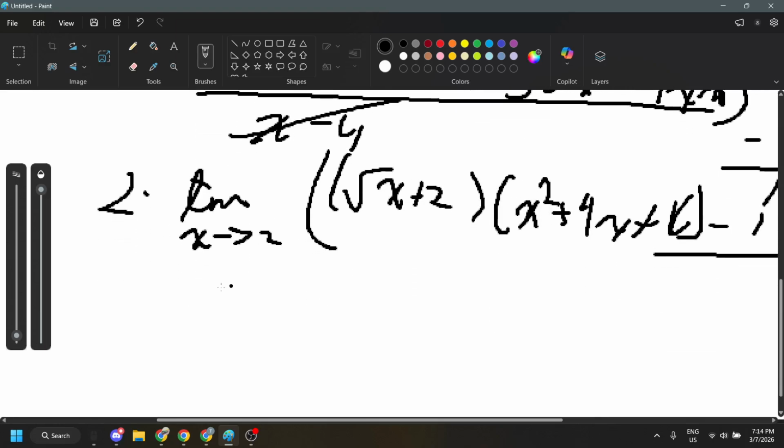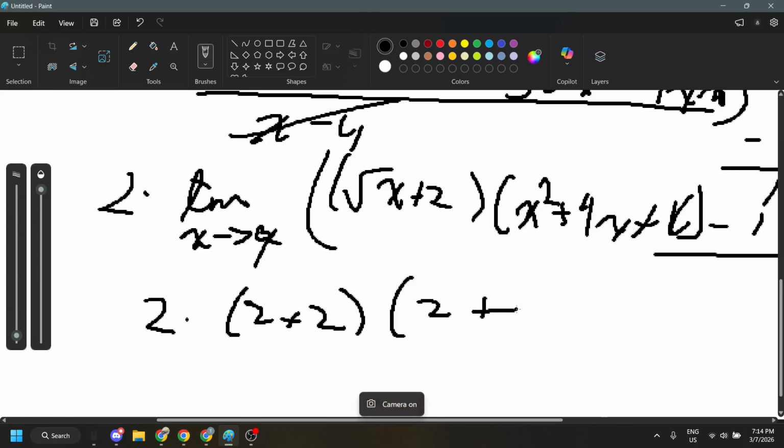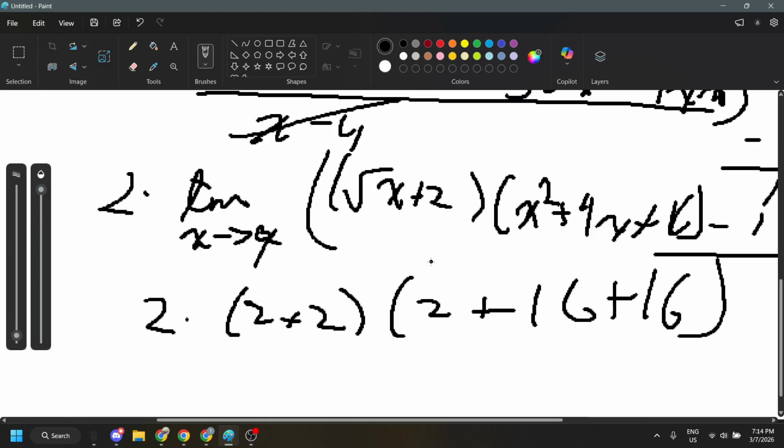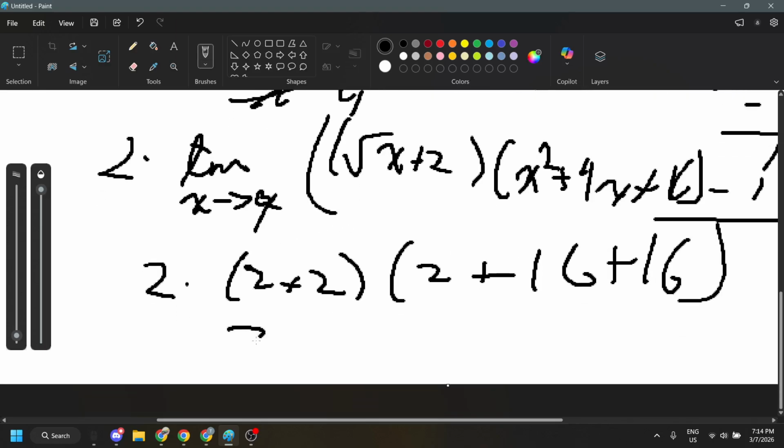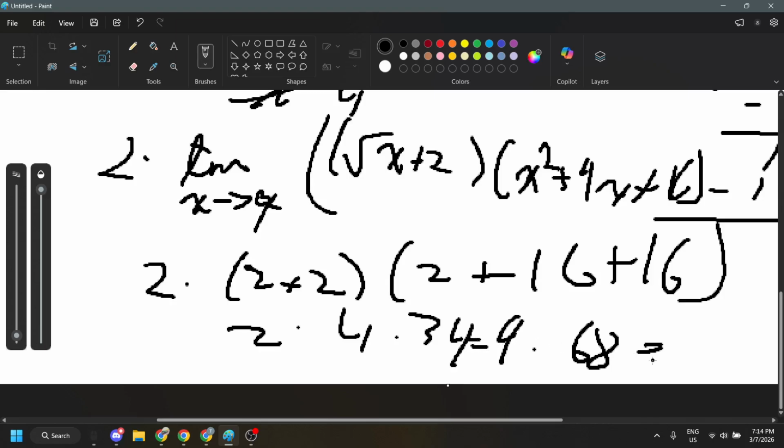Plugging 4 in here, we have 2 times 2 plus 2 times 16 plus 16 plus 16, which is 2 times 4 times 34, which is 4 times 68.